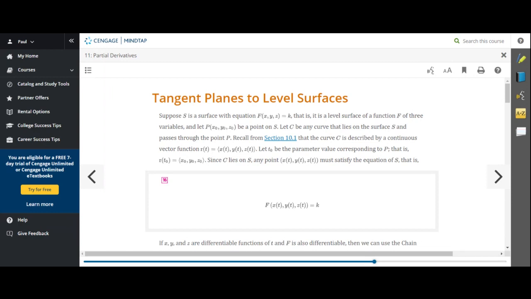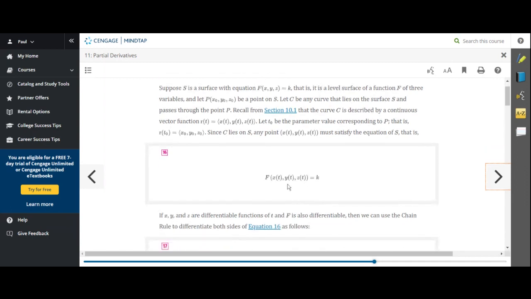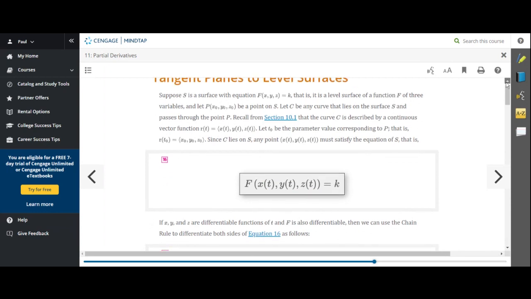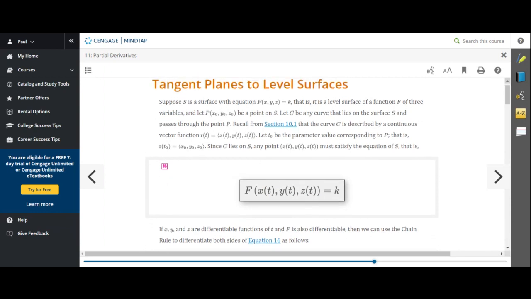Based off of the equation for a level surface, x, y, and z can be regarded as functions of time, functions of t.